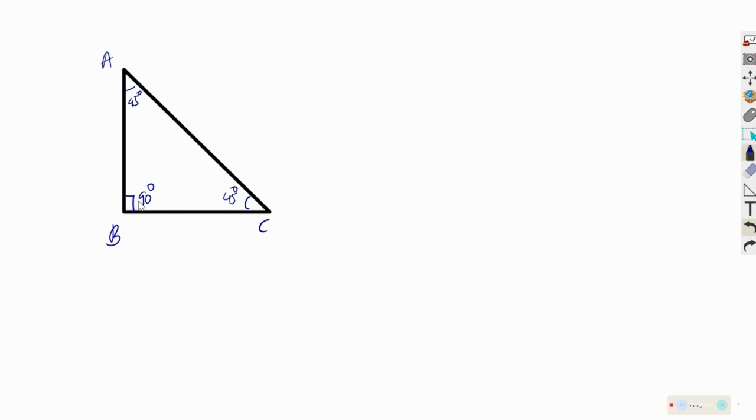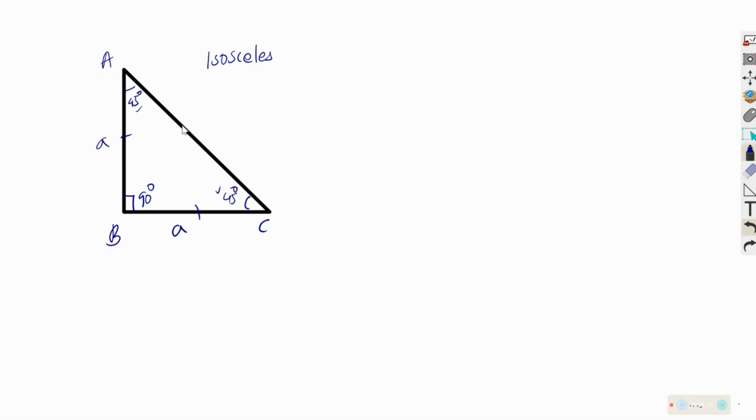This is a right angle triangle and Pythagoras theorem is very much applicable to this. If I write the size of AB as A, this also will be A because it is an isosceles triangle also. Isosceles triangles are those triangles where two sides are congruent. Then only this 45, 45 degree will match here.